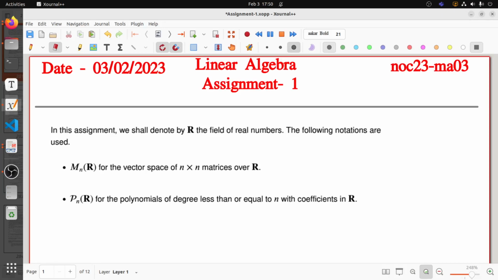C of a0 minus a1x plus a2x square minus a3x cube. And as p1 is in W, what do you have to check? C p1 plus C p1 star.